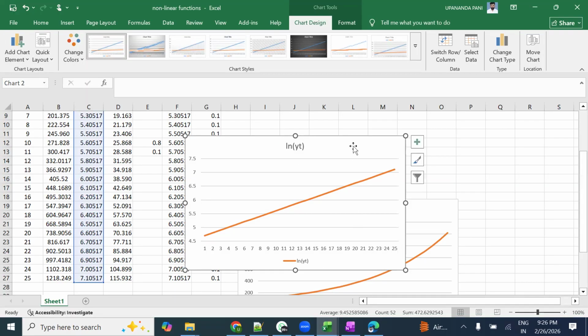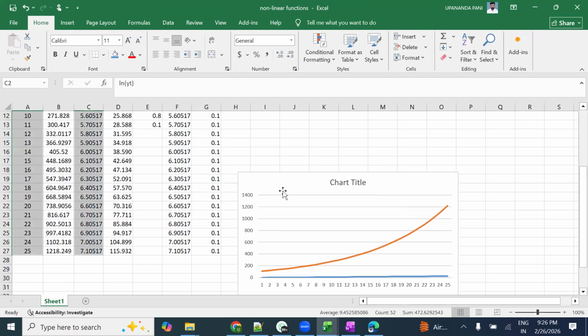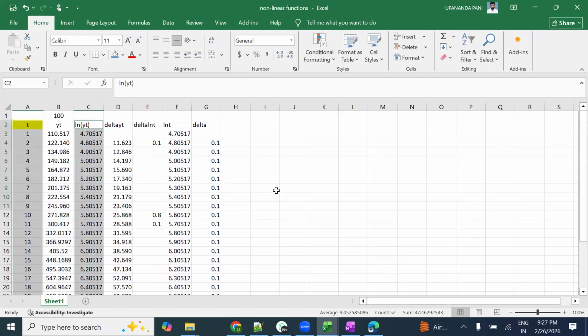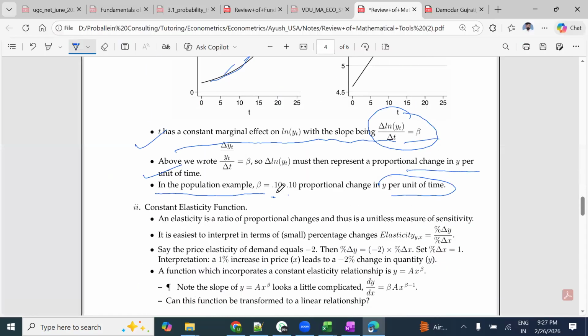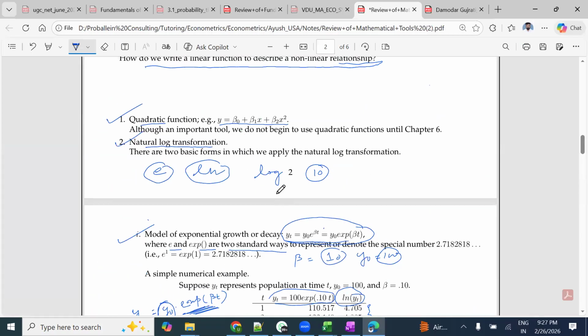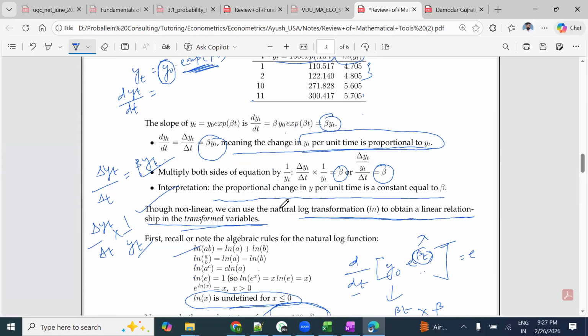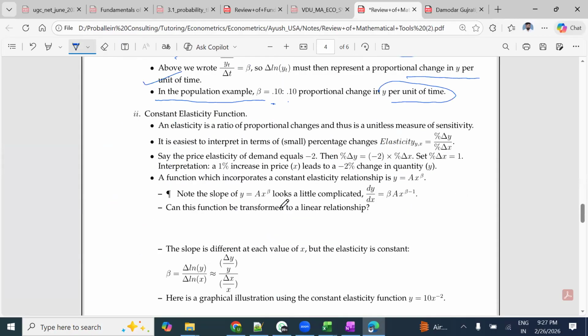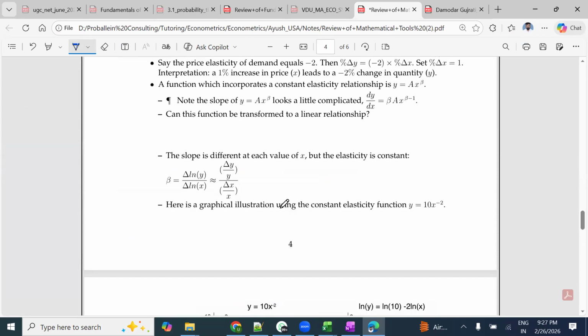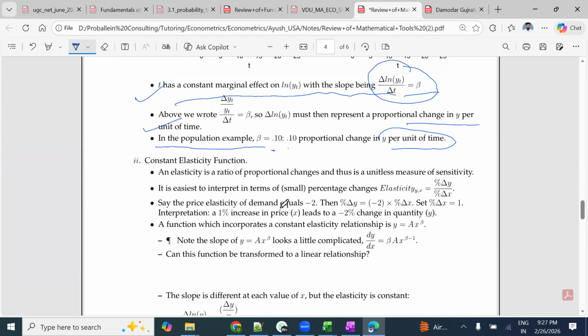You can try in Excel and show it to me. Okay, sir. But you know how we are getting, that is most important. Means the equation. First part is natural log transformation, and then how the slope is getting affected, and then the second part, the constant elasticity function.